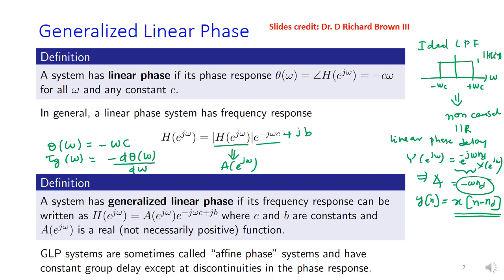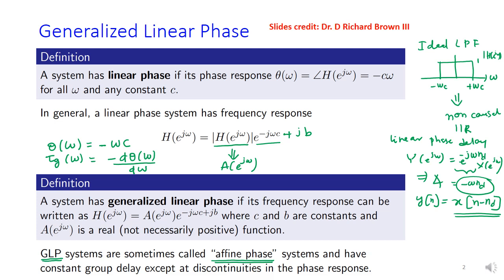This is the relaxation we make, which is acceptable and can be compensated with additional filters. If we make these changes, this is the general form of generalized linear phase systems, briefly referred to as GLP, and also called affine phase systems. This is what we will study in this lecture.